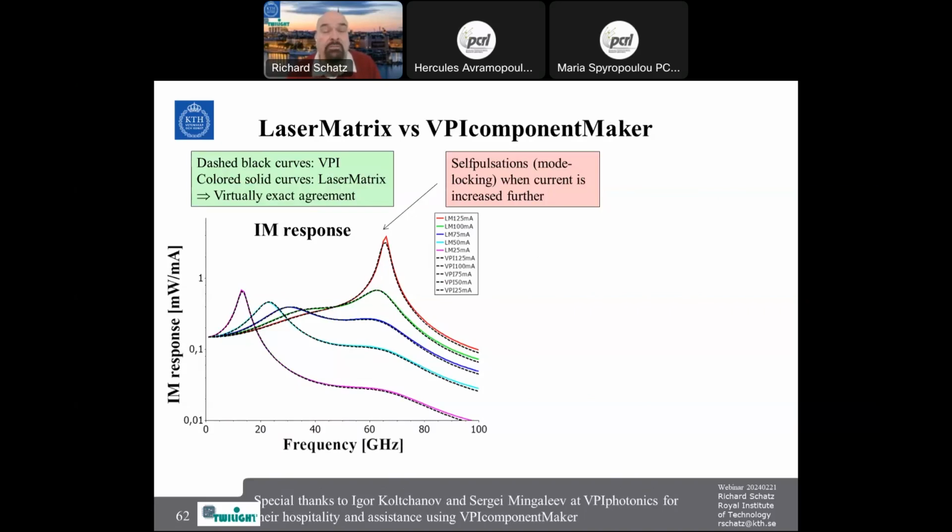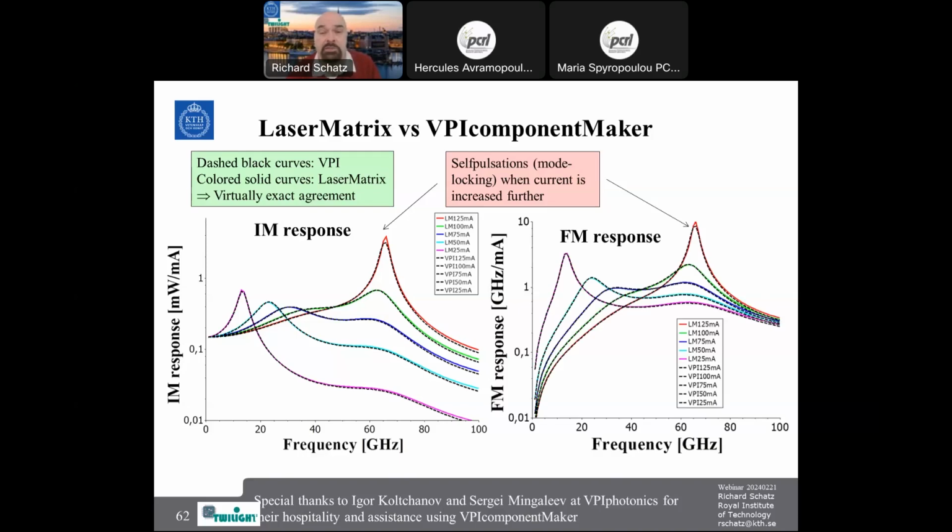VPI is a traveling wave model in time domain, whereas LaserMatrix is modally resolved. So you get perfect agreement even for complex structures that show photon-photon resonance if you have exactly the same structure in both programs. And here is also the FM response for chirp.